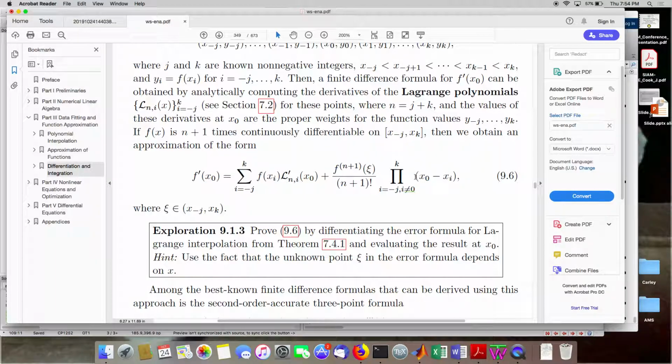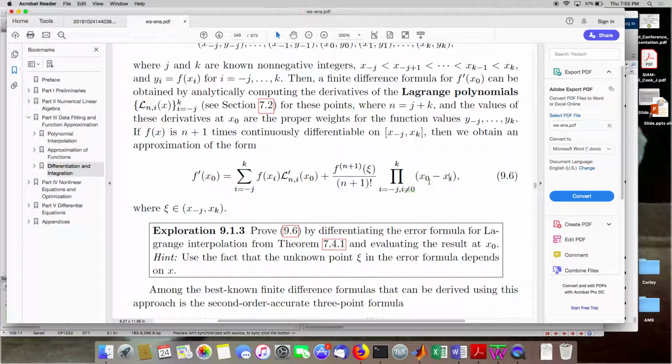So one of the homework problems is, what happens to this error formula if the points xi are equally spaced? I'm not assuming that here, but if you do, then you can actually work out what this is. This simplifies dramatically.